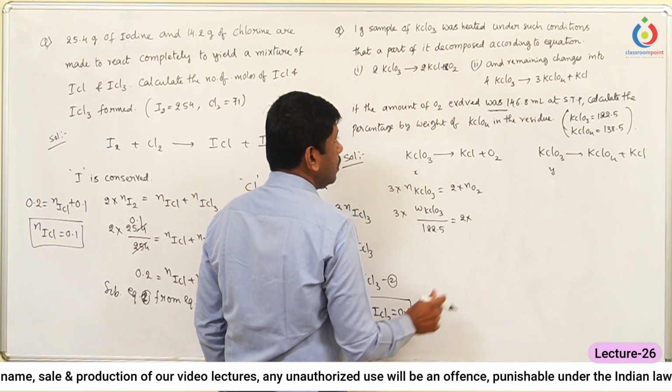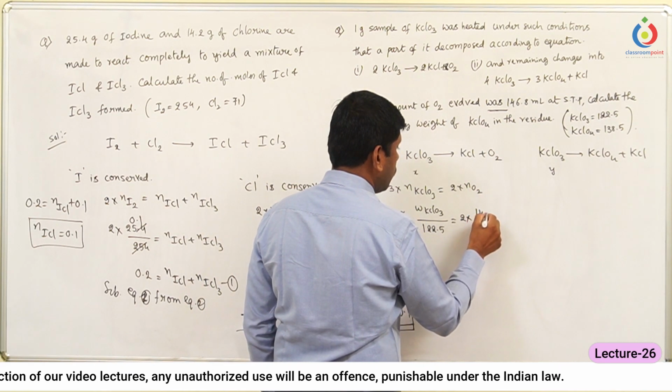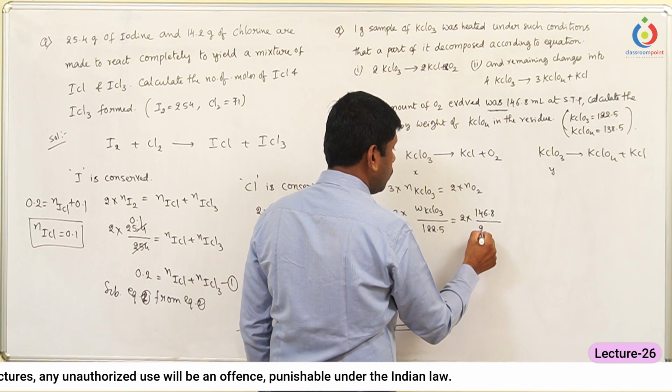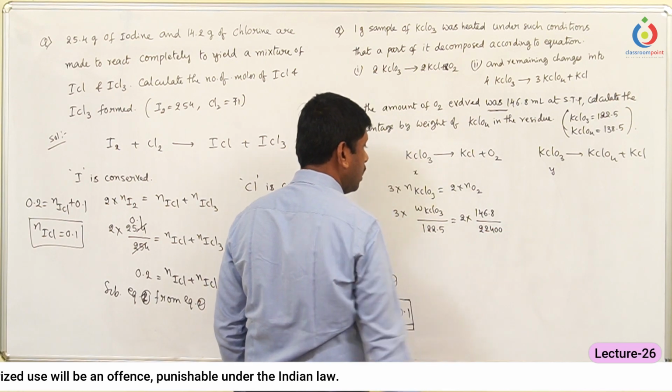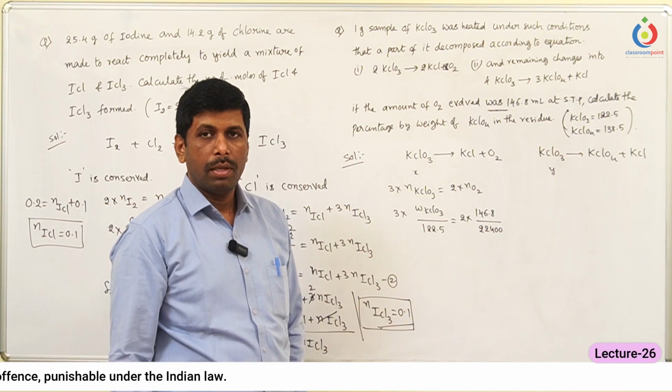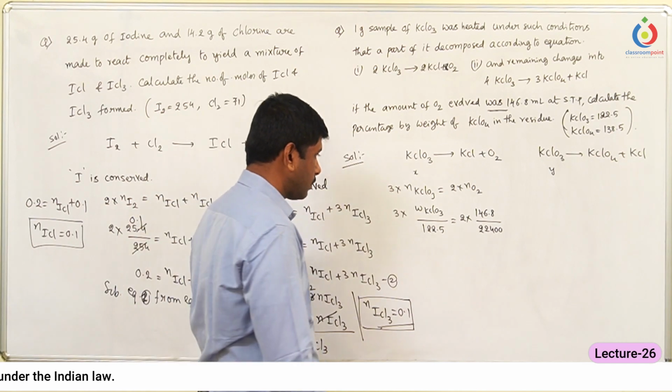Equals 2 into, see, volume is given, 146.8 divided by 22,400 ml at STP. Given volume divided by STP volume gives the number of moles.